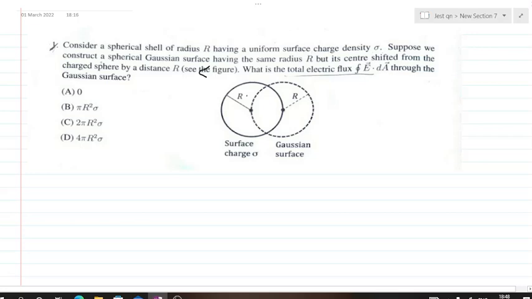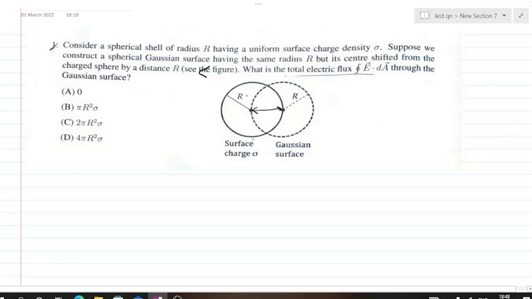Suppose we construct a spherical Gaussian surface having the same radius r, but its center shifted from the charged sphere by distance r. What is the total electric flux through the Gaussian surface?